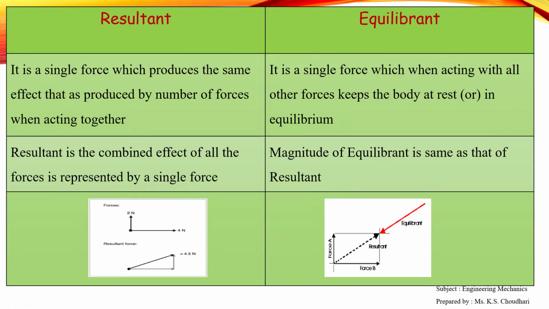And equilibrium is the single force which, acting with all the other forces, keeps the body at rest or in equilibrium. The magnitude of equilibrium is the same as that of resultant. From those figures you will understand the basic difference between the resultant and equilibrium.